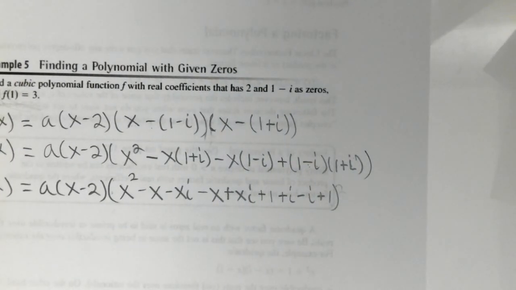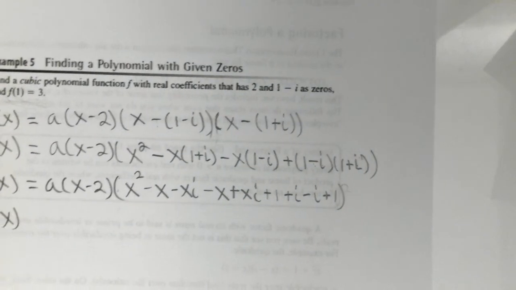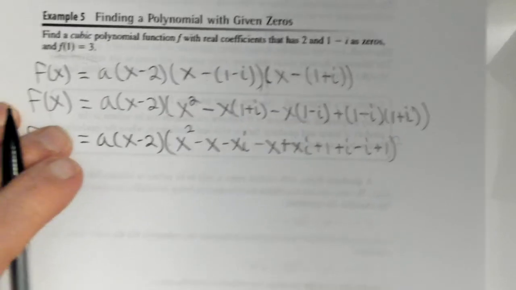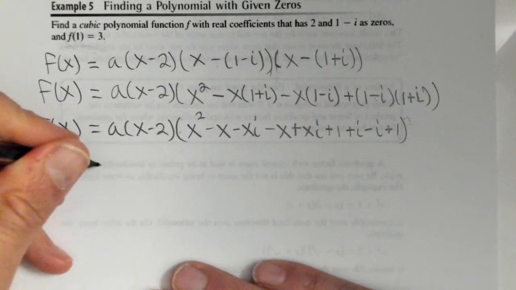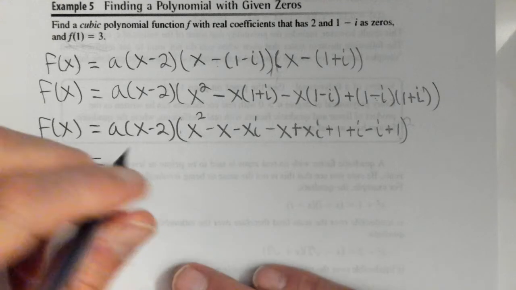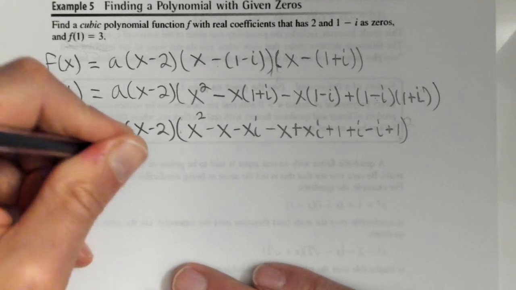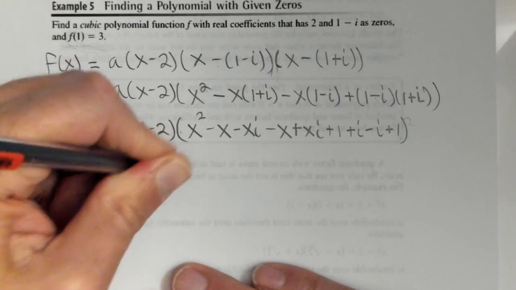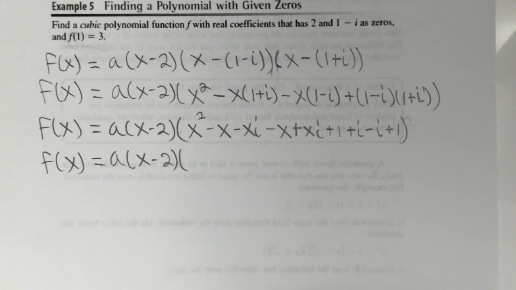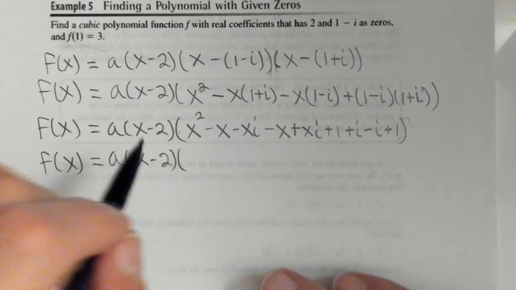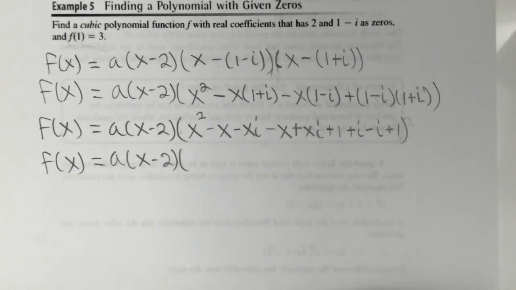Alright, next step. f of x equals. Still just going to leave this a, still just going to leave this x minus 2. And we're going to go ahead and see what else we can simplify inside this set of parentheses here.